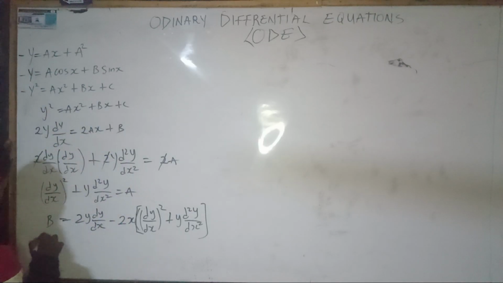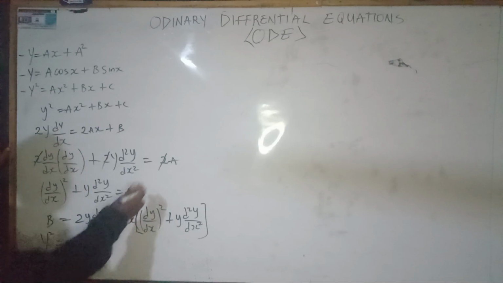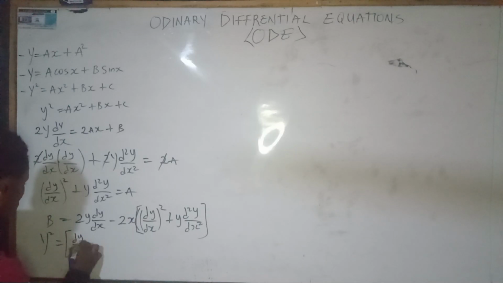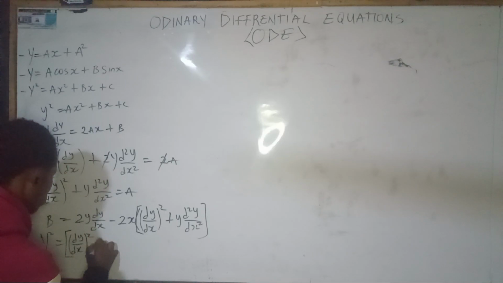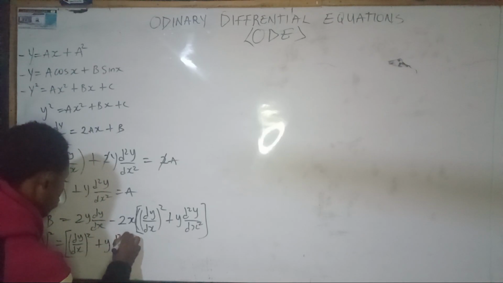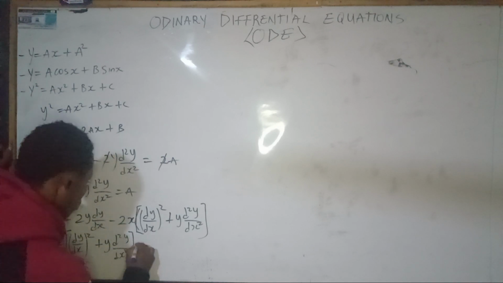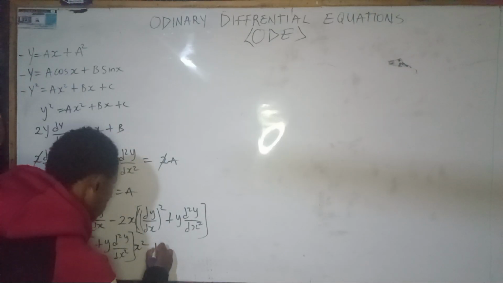So we know that our y squared is equal to, what is our a here, (dy/dx) all squared plus y d²y/dx², times x squared here, and we have plus b.